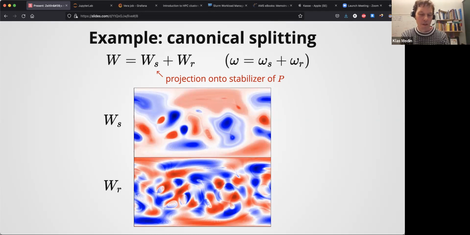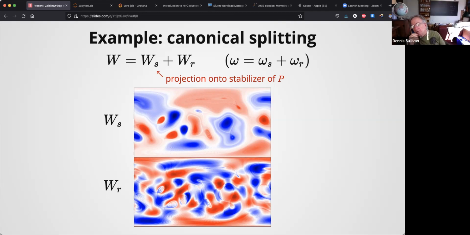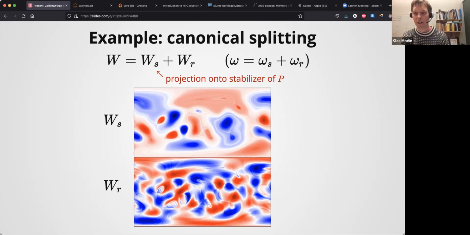We have some inequalities for this, but it's related to the fact that the H1 norm increases when you run this. Yes, it increases. Yes, it's related to that.